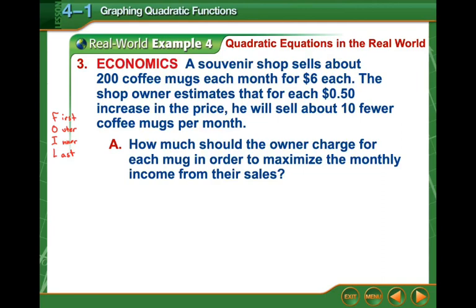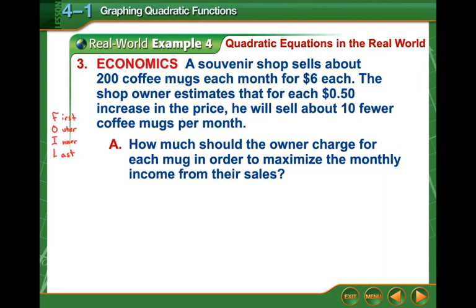So here we have the souvenir shop sells about 200 coffee mugs for $6 each. The shop owner estimates that for each 50 cents increase in price, he'll sell about 10 fewer mugs per month. How much should he charge for each mug in order to maximize his monthly income? So we have two things here, right?